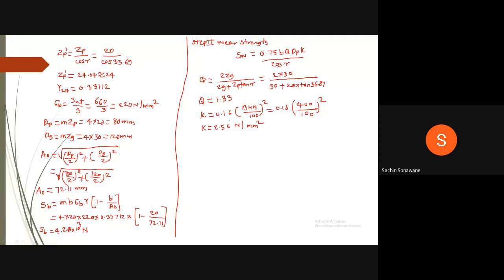Now substitute all the values in this SW equation and calculate SW.